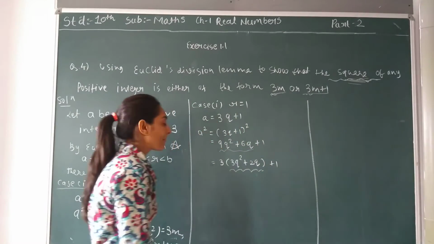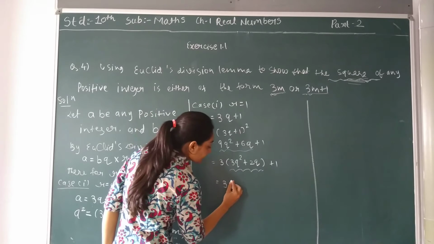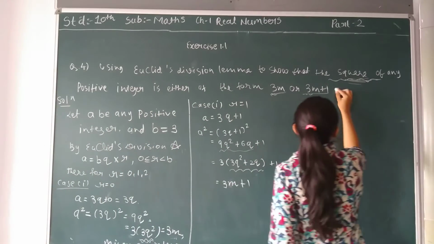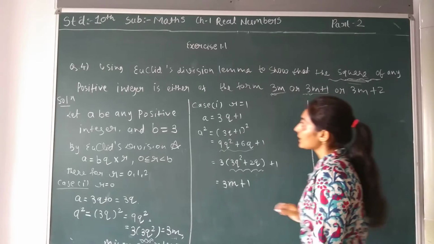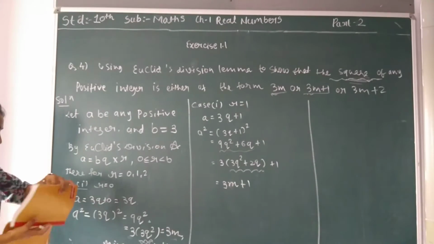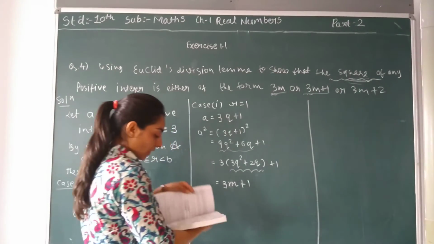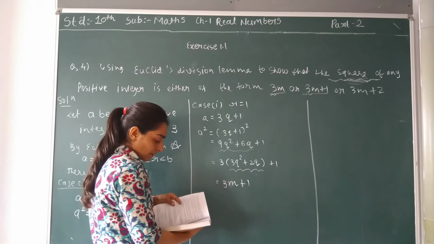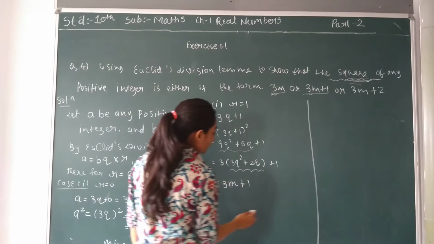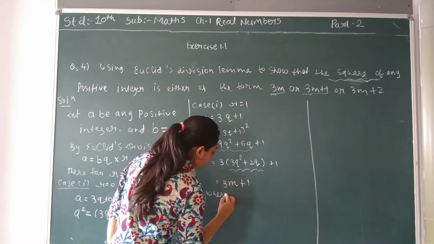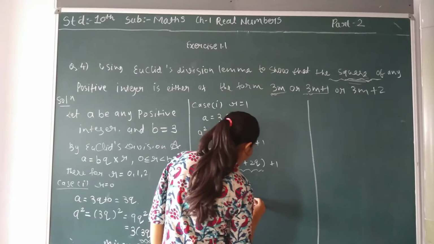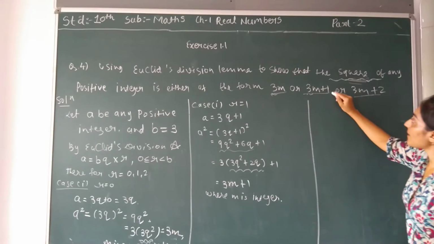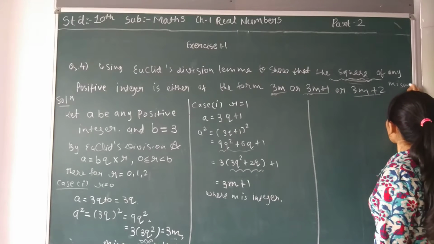Again I am getting this form. Taking 3 common, I take the remaining part as n only, plus 1, so 3n plus 1, where n is any integer.